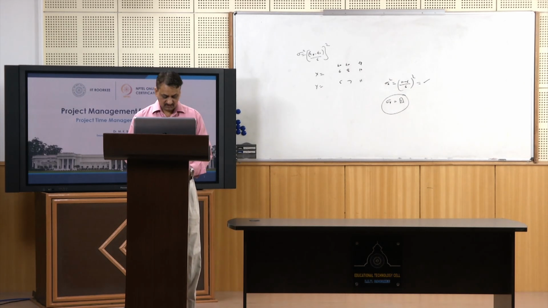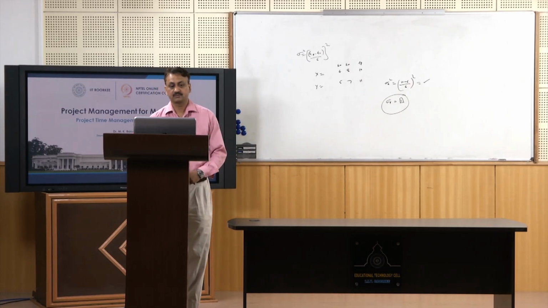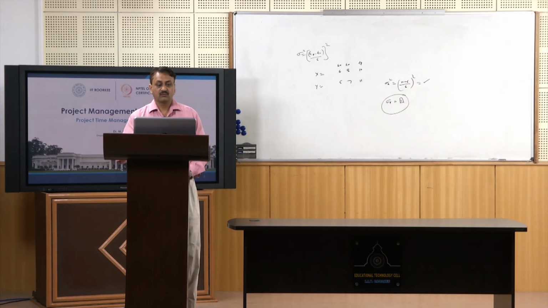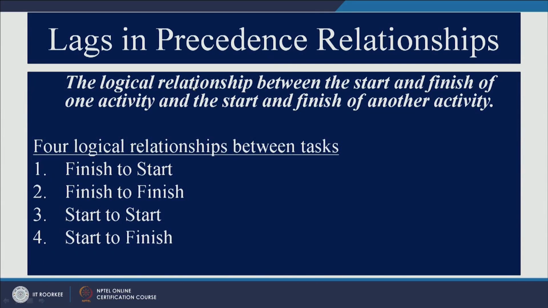Now, let us look at something called lag. Lags in precedence relationship, very important topic. What is the meaning of lag? The logical relationship between start and finish of first activity and start and finish of other activity.